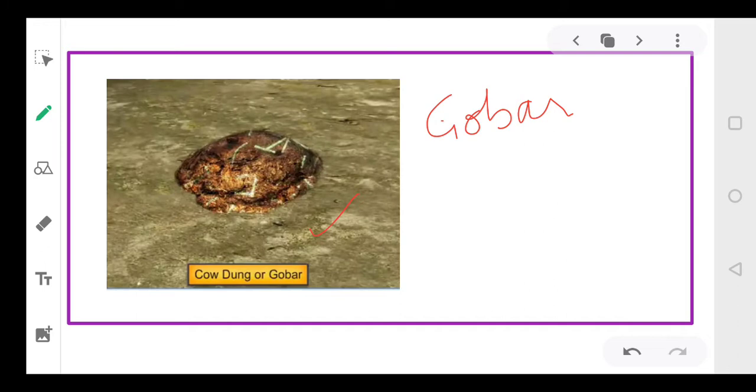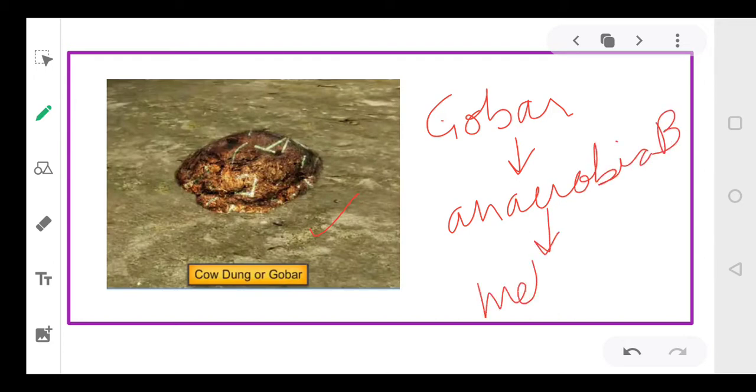It basically contains anaerobic bacteria, and we call them methanogens. So cow dung or gobar is a main source of these bacteria, and this cow dung can be utilized to produce gobar gas in gobar gas plants or biogas plants.